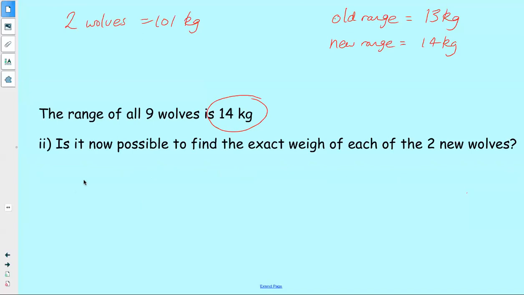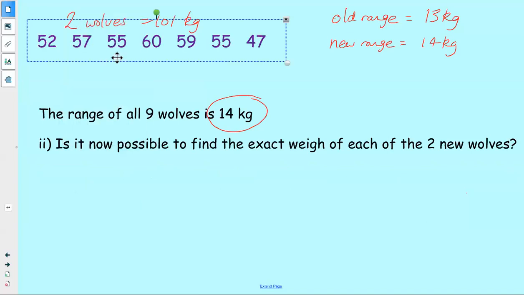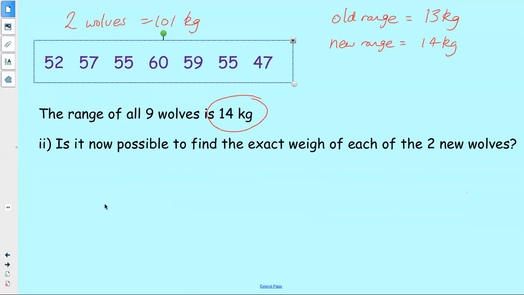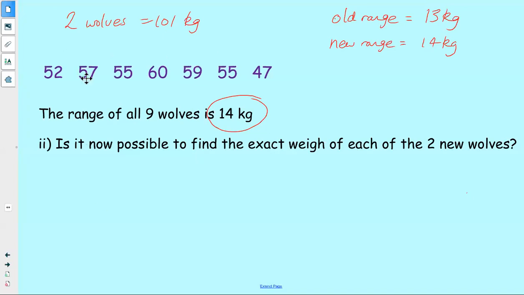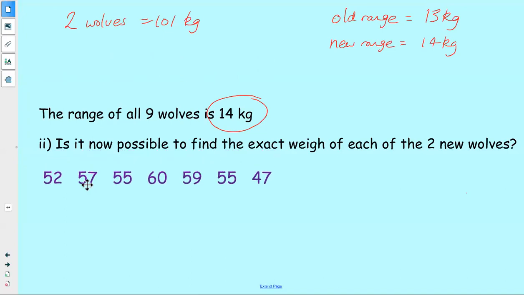And if I just flick back and click on this, just going to paste in there. So that was the original 7 wolves. So when I look at the original 7 wolves, the heaviest one at the moment before the other 2 were added. So remember, we've got this data, and you've got another 2 added. I'm going to put it down here. Another 2 added.